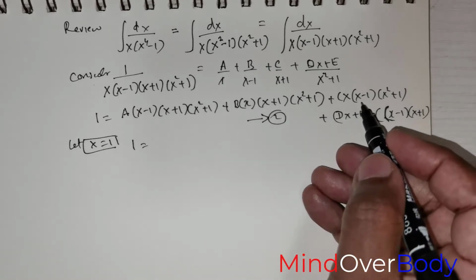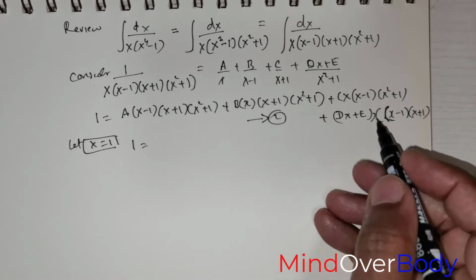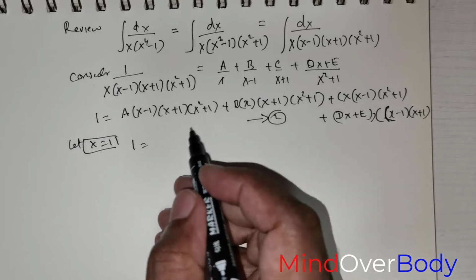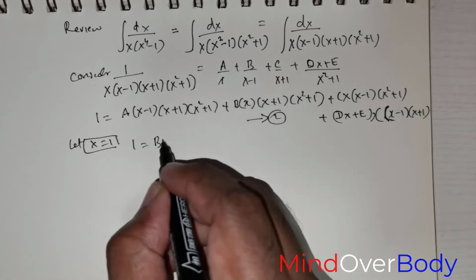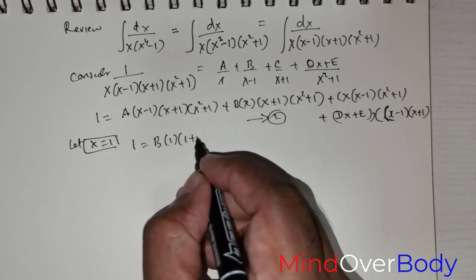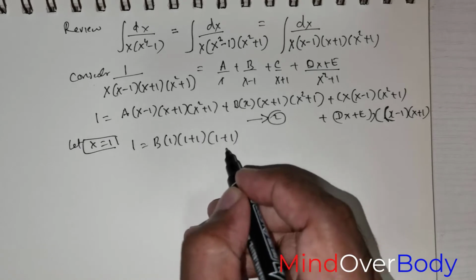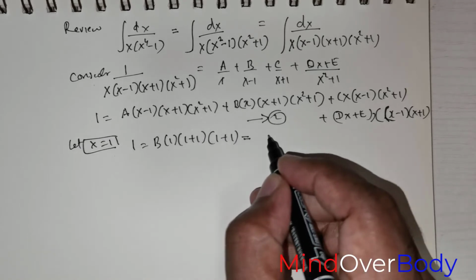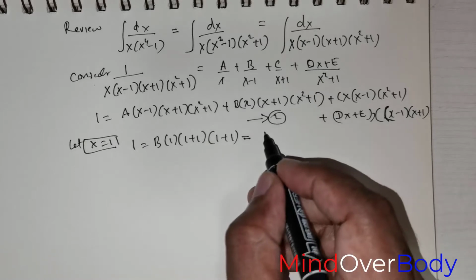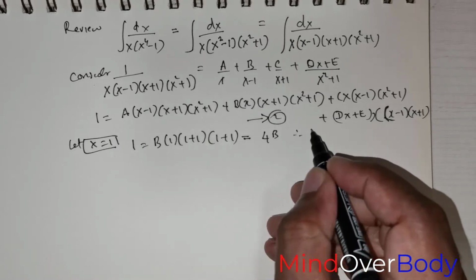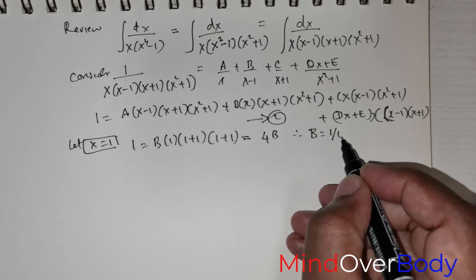Even c vanishes, and this entire term also vanishes. So we get b times 1 times (1 plus 1) times (1 plus 1), which is 2 times 2, which is 4. So 4 times b, therefore the value of b is 1 over 4.